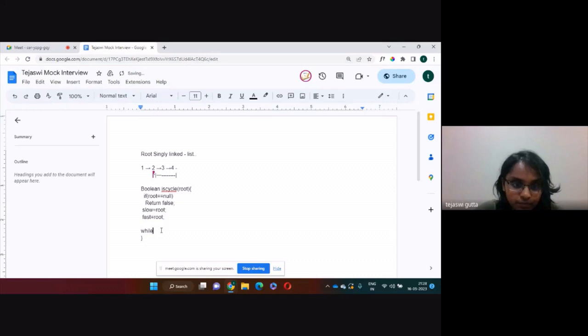So while my slow is not equal to fast, yeah, initially it fails.